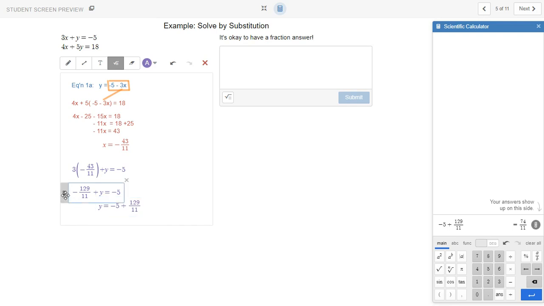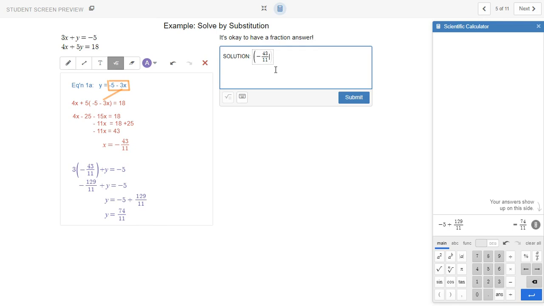And that gives us y is equal to 74 over 11. Okay, so our solution in this case, we have an x value of negative 43 over 11 and a y value of 74 over 11.